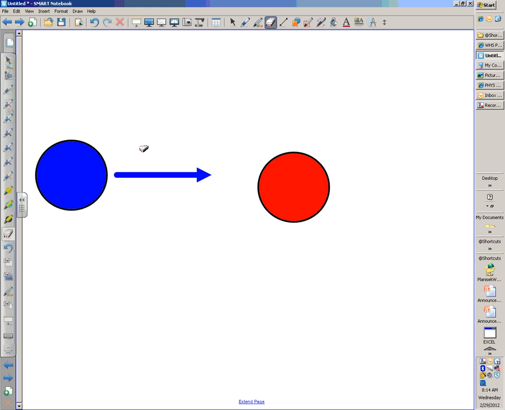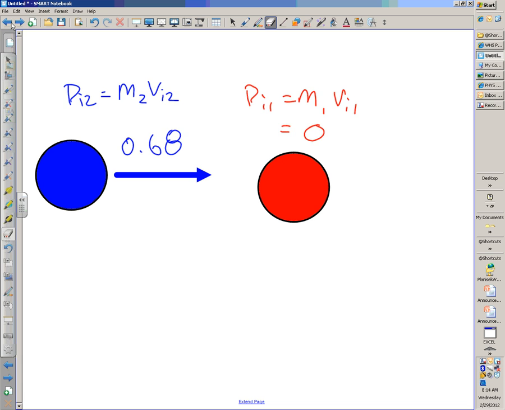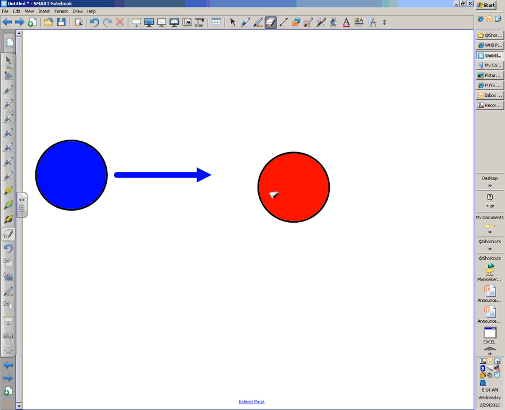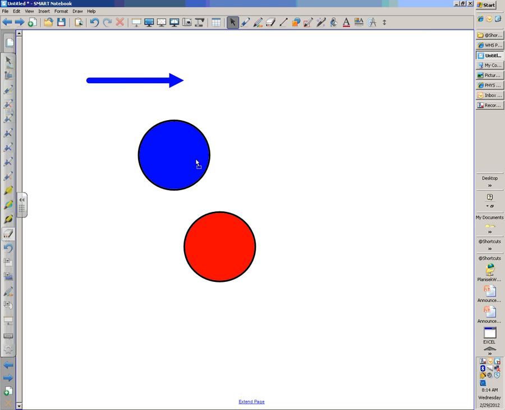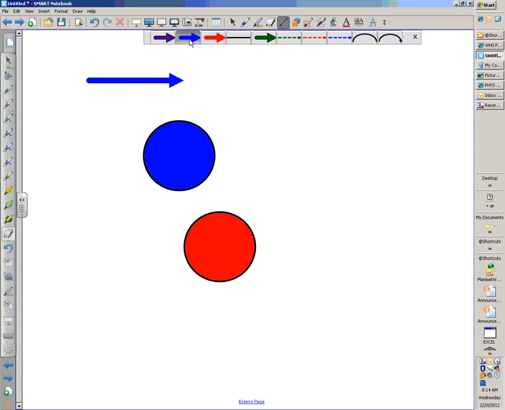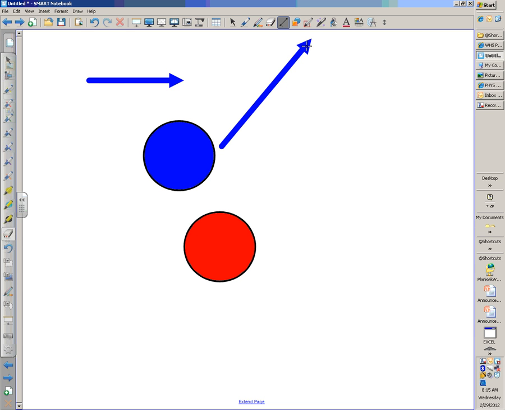Here, if we take this, oh, sorry. Nope. There. So Billy, like you said, this one's going like this, right? And then this one is going like that. Off of the original direction.